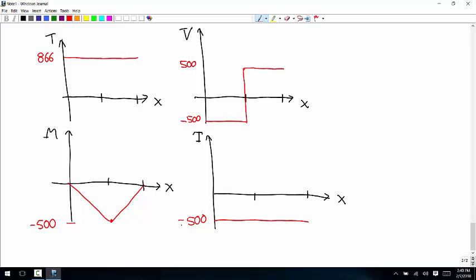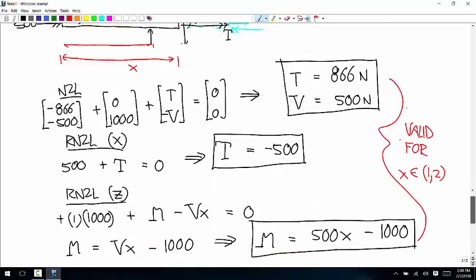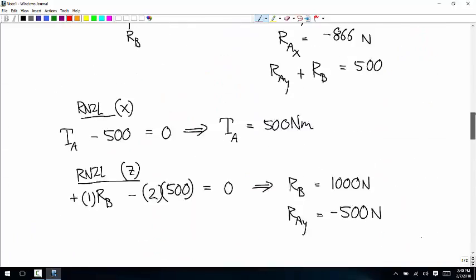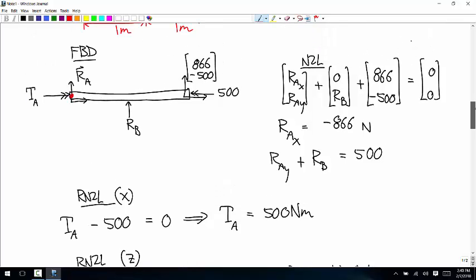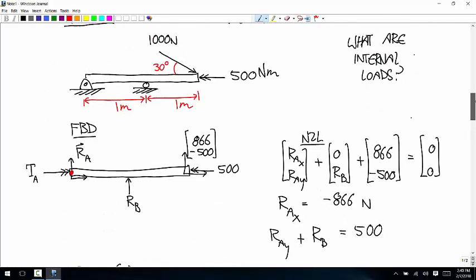Can we say it's going to happen more likely on the top half of the beam versus the bottom half where it's in contact? From the internal loads, we cannot say that, but when we calculate the stresses, we will be able to say that. Remember, with the internal loads, we're not making any distinctions between this point and this point.